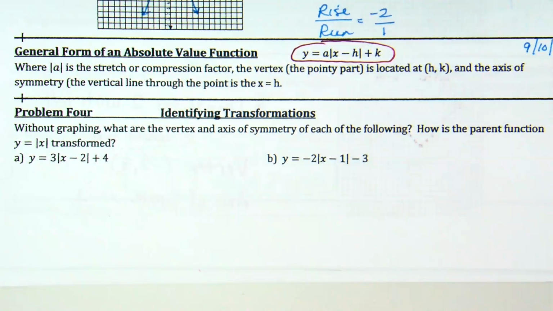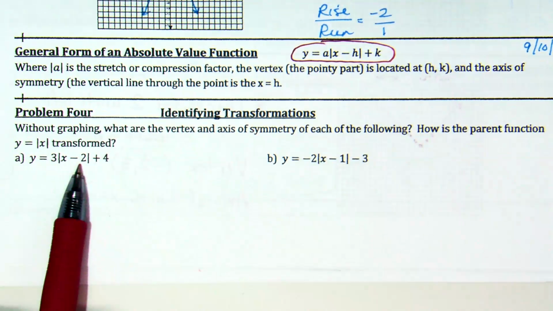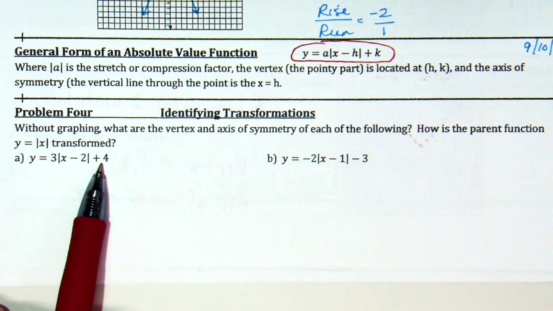So, with that in mind, we're going to have a stretch of 3. What does minus 2 tell me to do? X minus 2. When it's inside the absolute value, it's left or right, the opposite of the sign, so that's right 2. What's that plus 4 going to tell me to do? When it's outside, you go up or down, so up 4.